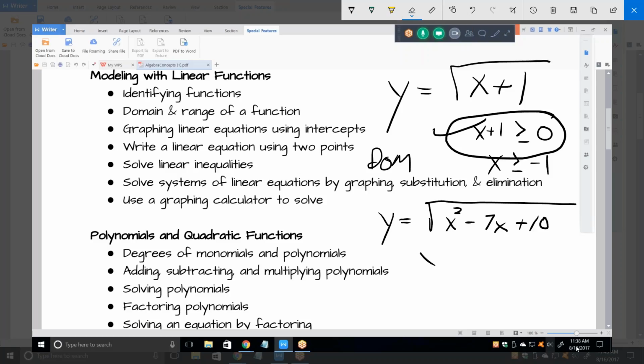What are you doing when you make that step? It would be x squared minus 7x plus 10 is greater than or equal to 0.